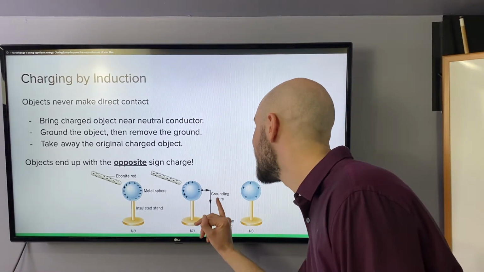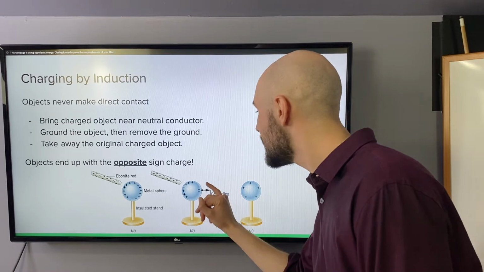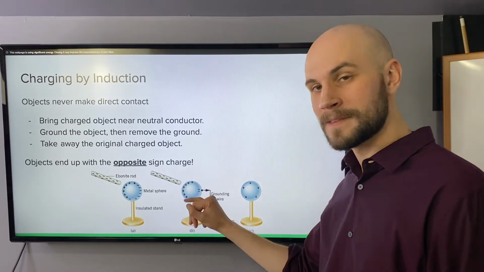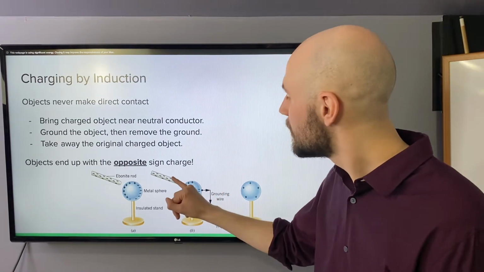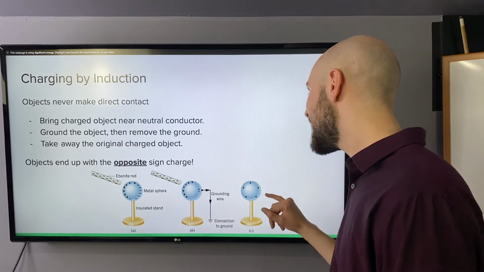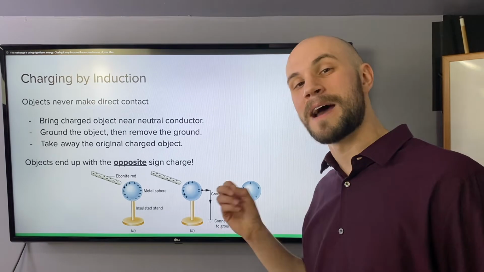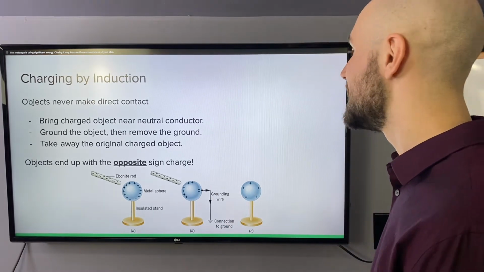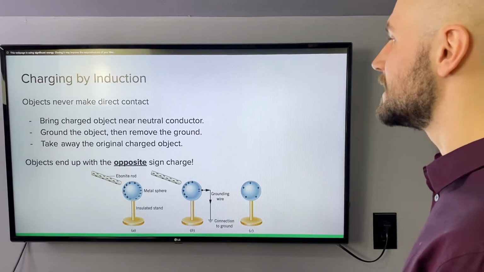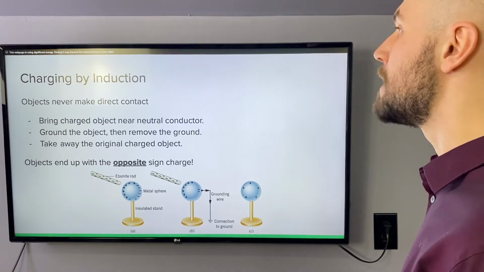The electrons run up from the ground into our metal sphere. Then we sever our connection, pull away the positive object, and you end up with a negatively charged sphere. Those electrons came out of the ground, and now they live inside of that sphere. That is charging by induction.